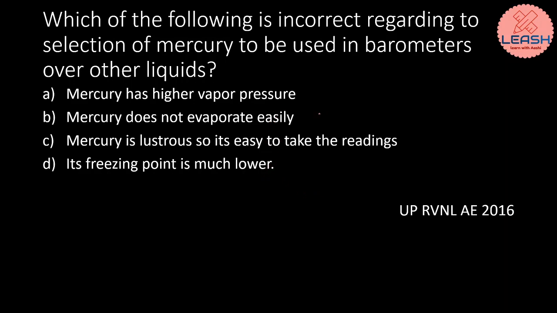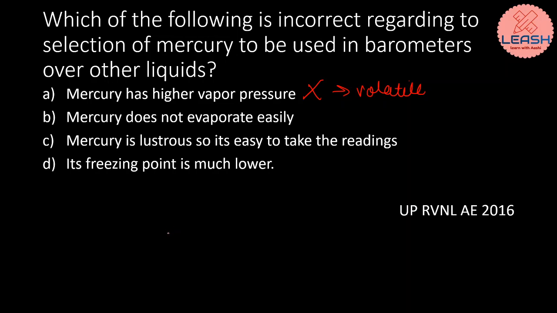So mercury has high vapor pressure. This statement is wrong. Because if mercury is having high vapor pressure, it means it will be volatile. And mercury has very low vapor pressure such that atmosphere is sufficient to make it stay in that form. So vapor pressure is that pressure at which liquid will change its phase.